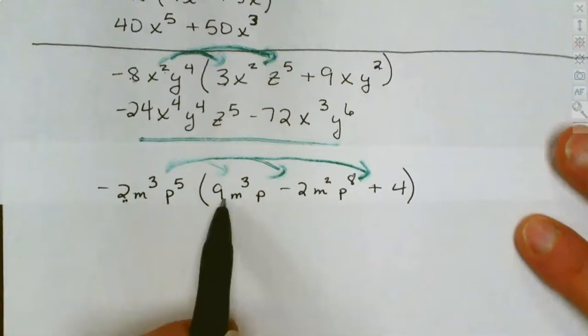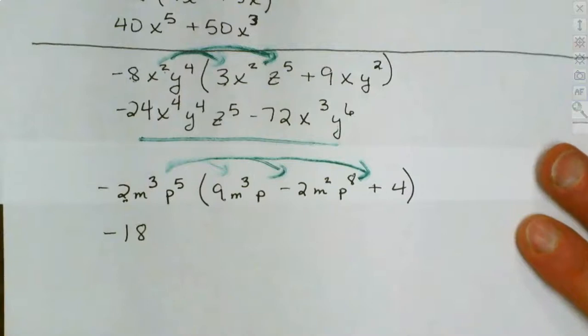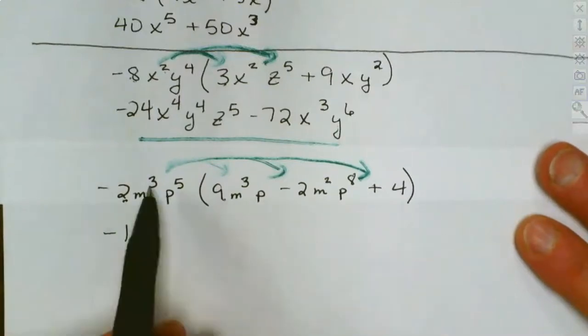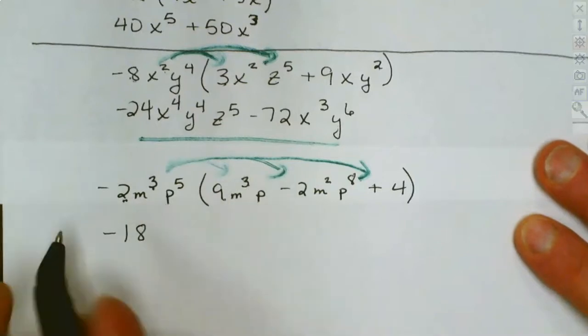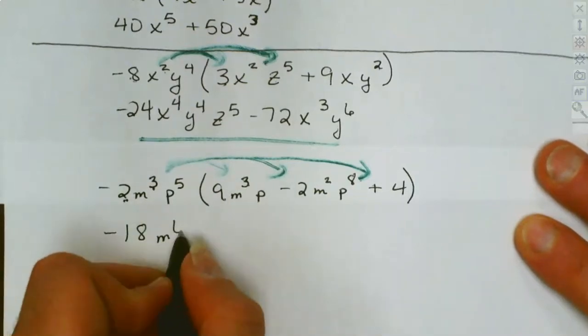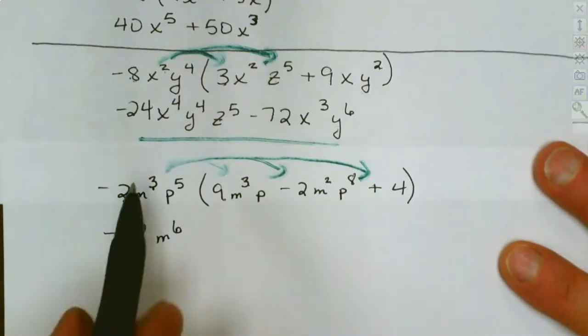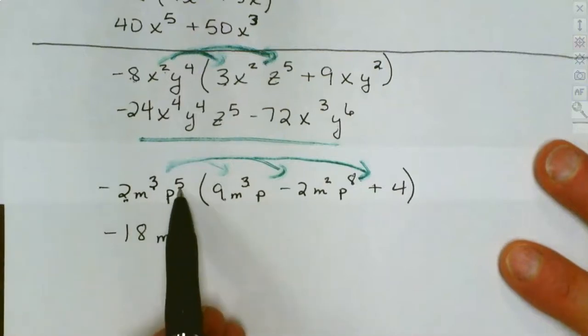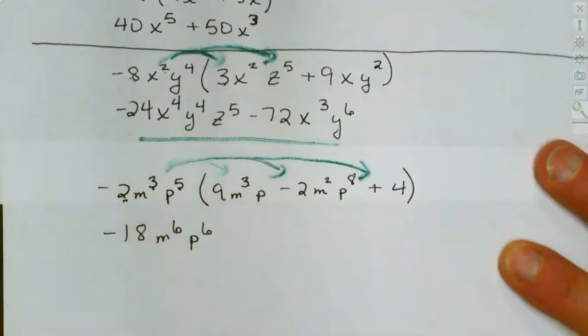Negative 2 times 9, that makes it a negative 18. M's, how many do we have? We have 3. Add 3 more to it, so it makes it m to the 6th. Because exponents are going to add here. We're distributing through. What about the p's? 5 and 1 more makes it p to the 6th.